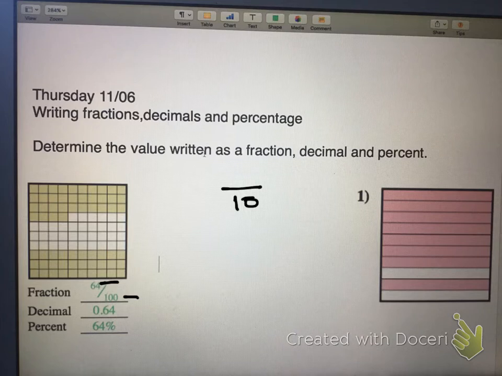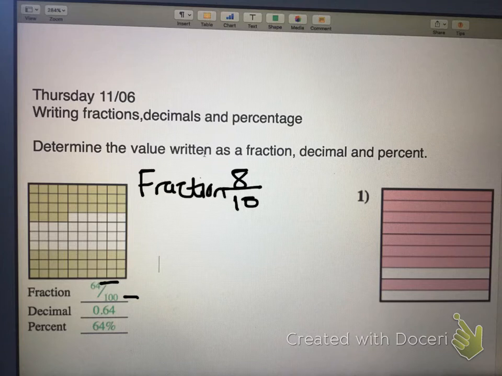Yes, that's correct. It is 8 out of 10 pieces. Now I have a bit of a problem here. In order for me to get going with percentage, I need to have that out of 100. But let's not stress about that now. So that is what my fraction will look like.